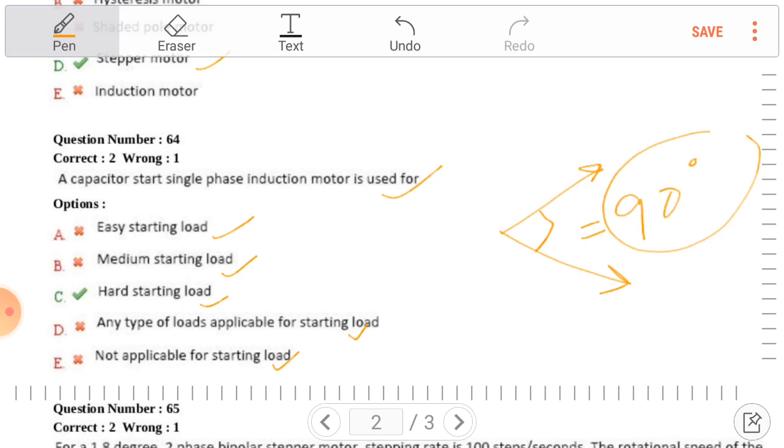As much as the phase angle difference is there, torque is higher. So we need more starting torque when we require a capacitor start single phase induction motor. So the answer is hard starting load, because the torque requirement is more in the applications where we use a capacitor start single phase induction motor.